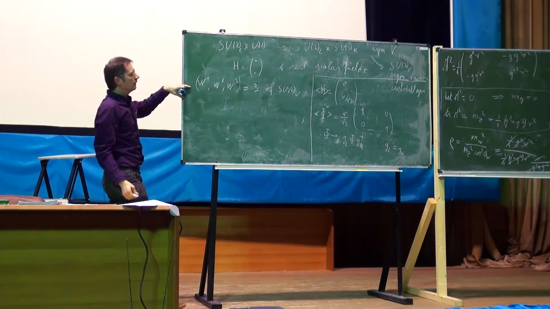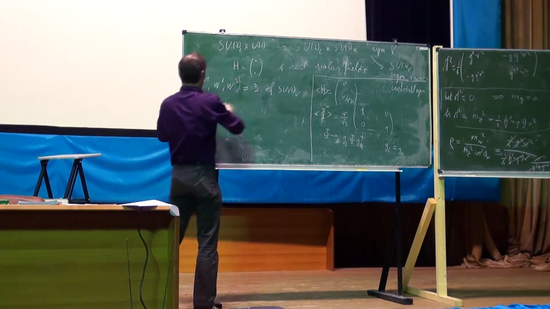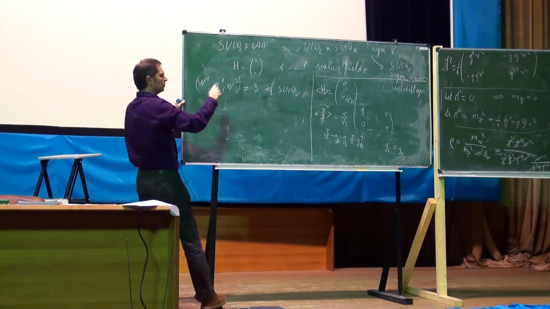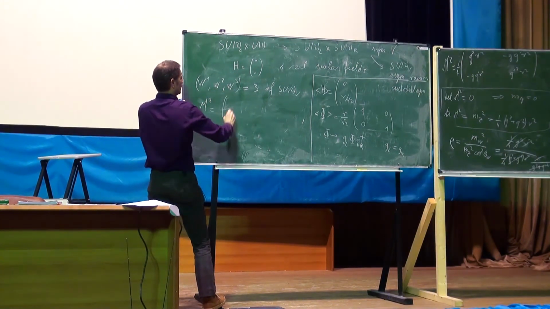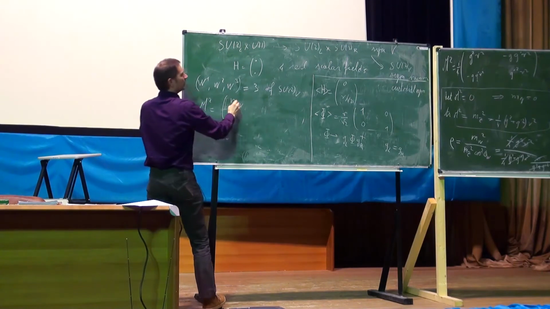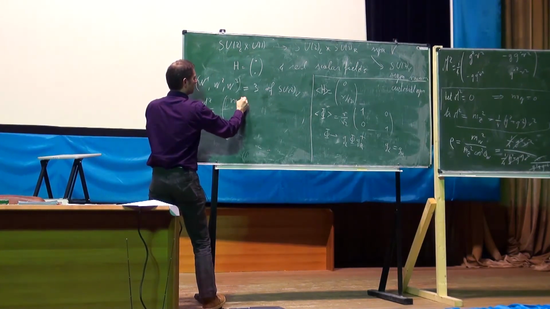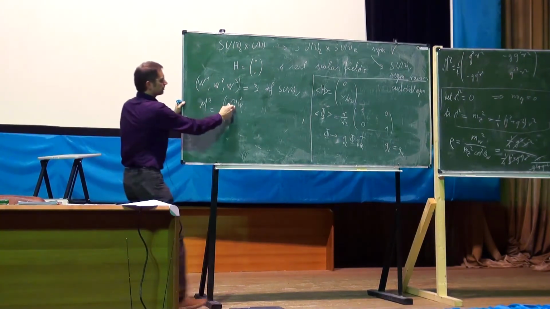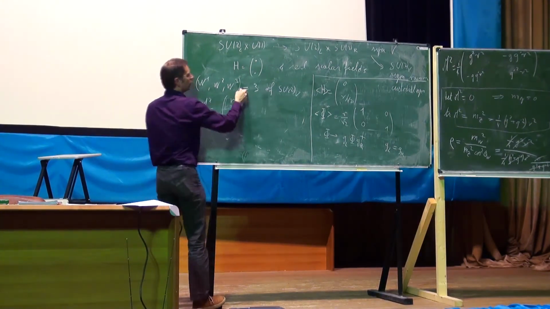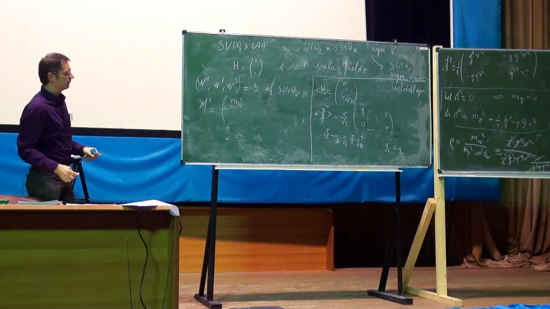So if I write the mass matrix that mixes the W3 and the Z, the element here should be the mass of the W, because I need the mass of the W here to form a triplet under the SU2 symmetry.